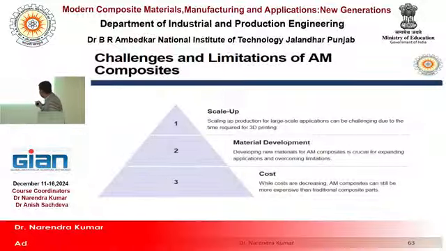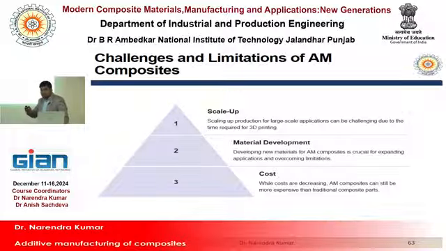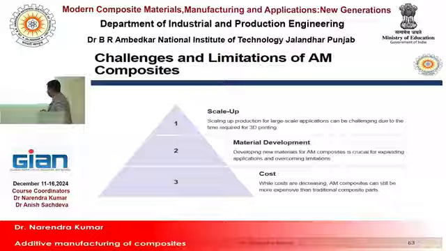Second is material development, because we have seen that when we change the process, we have to change the way of preparing the composite also. For powder based AM processes we need to use a different process for composite preparation. For FDM, we use a different process for composite preparation. So material development is a bit difficult, and it has limitations also.